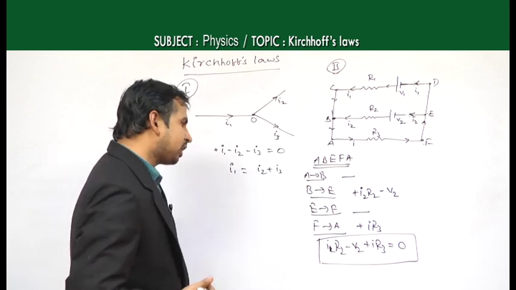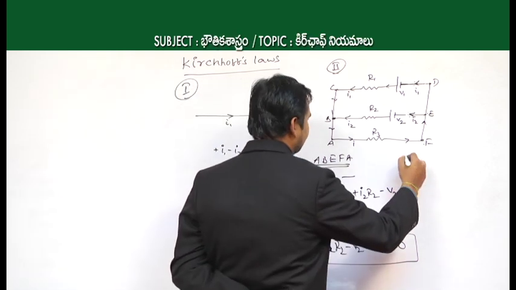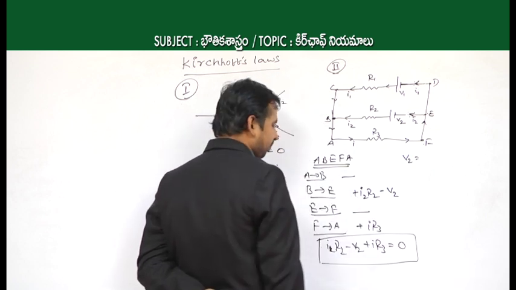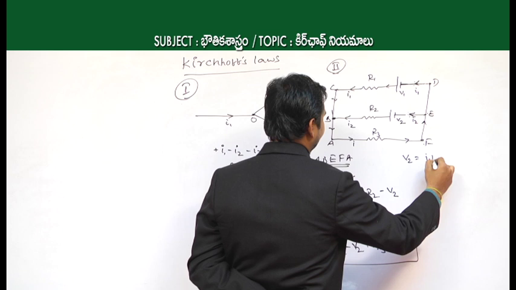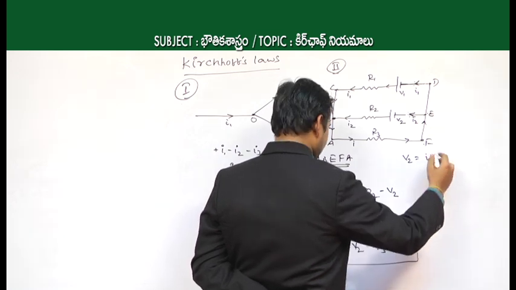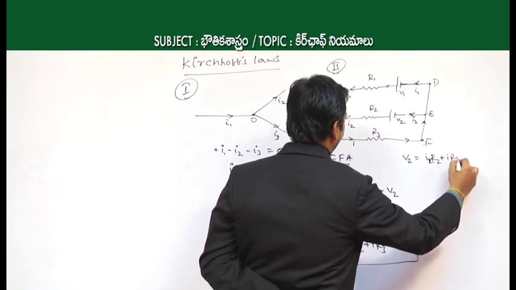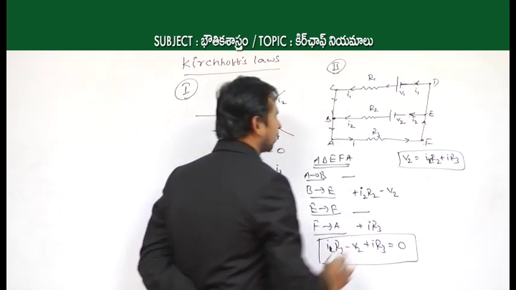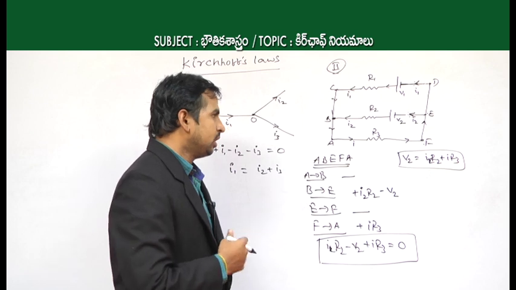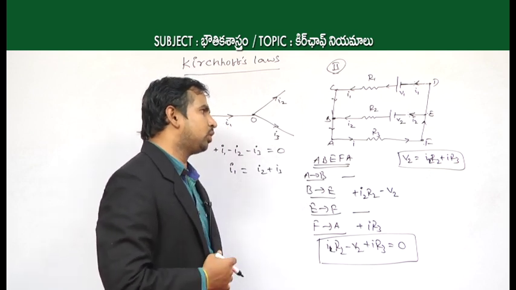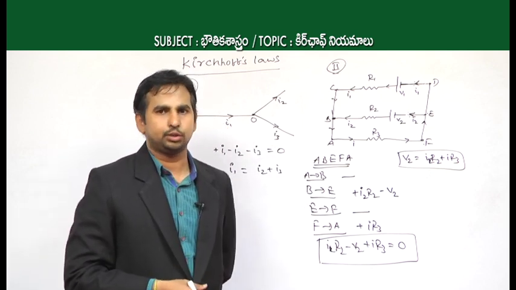From this, minus V2 moving to the other side becomes plus V2, equal to I2 R2 plus I R3, because R2 and R3 are in series. So V2 is equal to I2 R2 plus I R3.